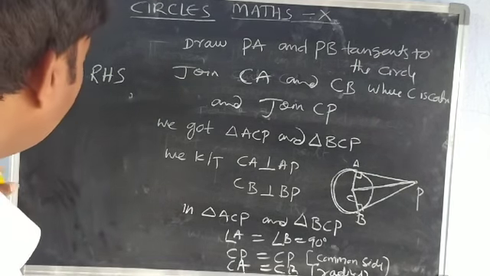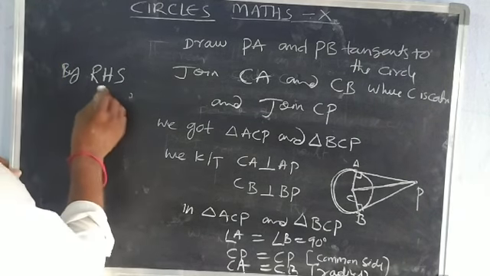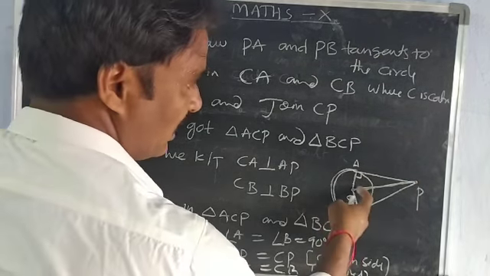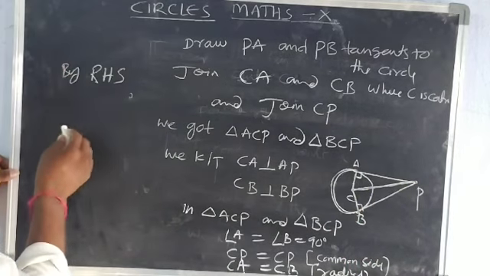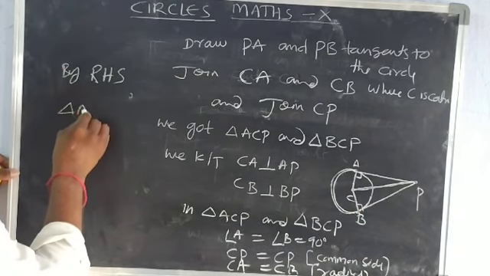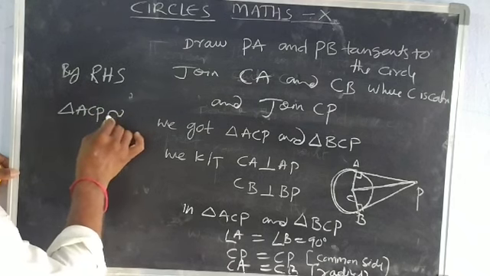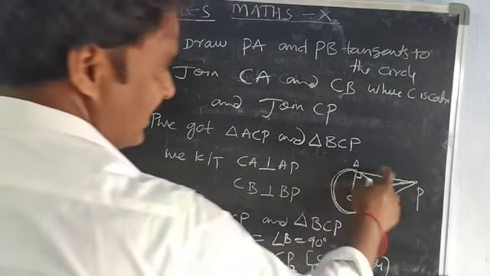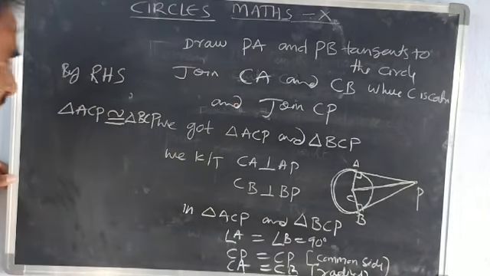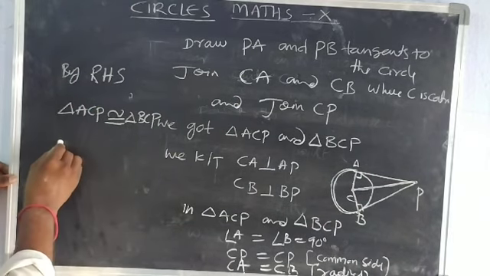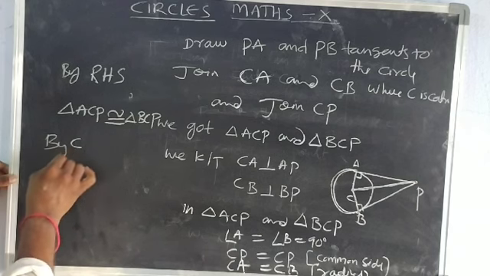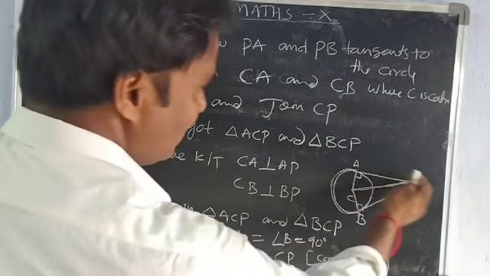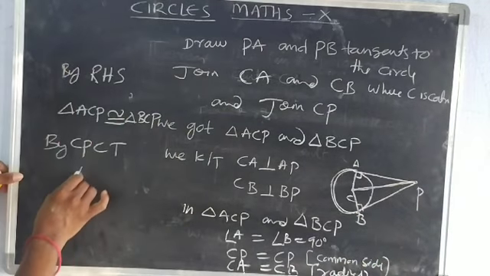Right angle, hypotenuse, side. One right angle equal, one hypotenuse and one side equal. So by RHS we can write triangle ACP is congruent to triangle BCP. If they are congruent, by CPCT, corresponding parts of congruent triangles, we can write AP equal to BP.